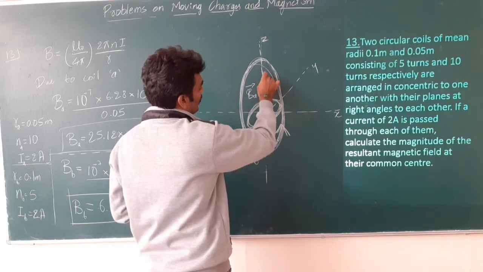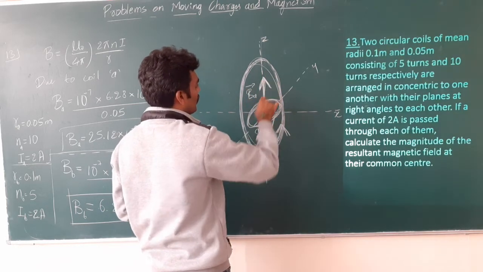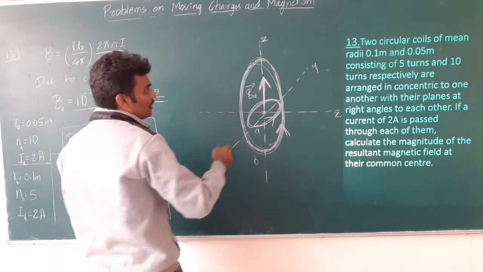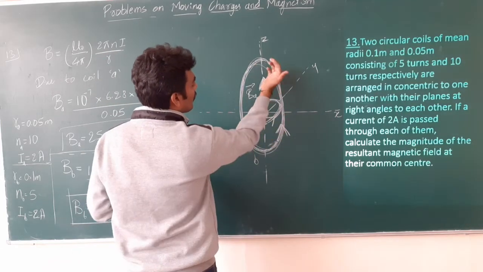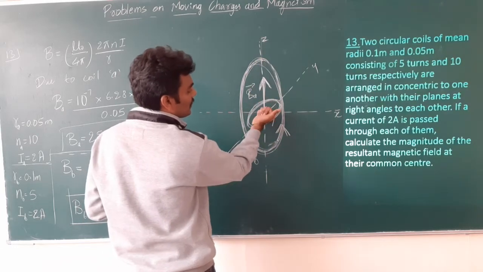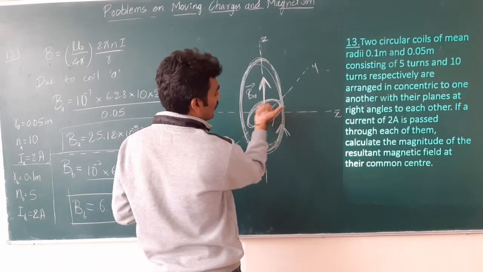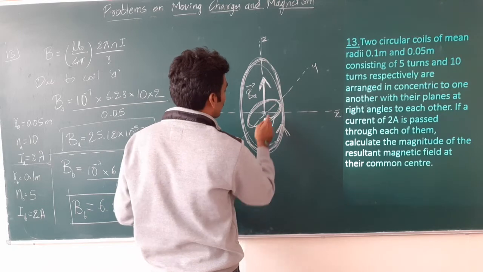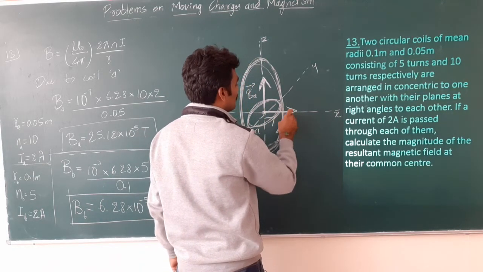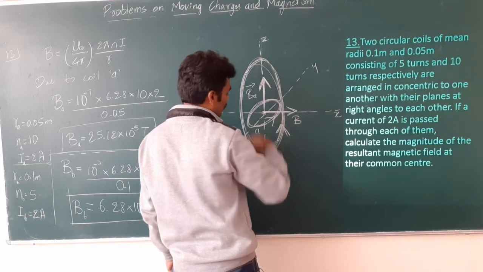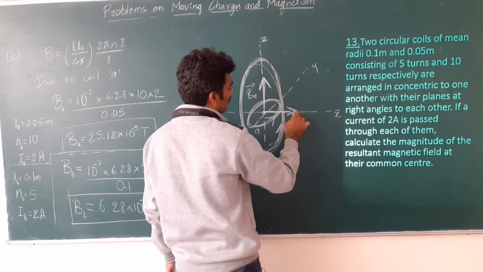Similarly, for the YZ plane, the direction of magnetic field would be like this in the X direction, right? So this is the direction of magnetic field due to this bigger coil B.